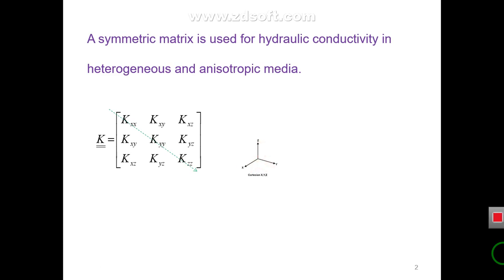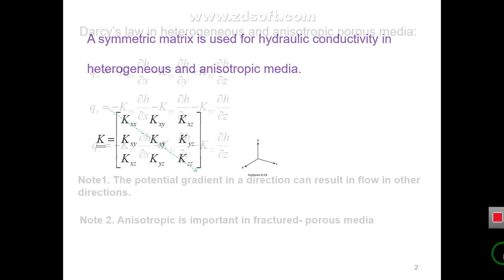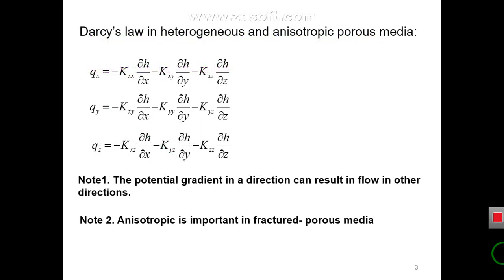As you know, a symmetric matrix is a square matrix which is equal to its transpose. Considering a symmetric matrix for hydraulic conductivity, Darcy's law in heterogeneous and anisotropic porous media can be expressed using these three equations.